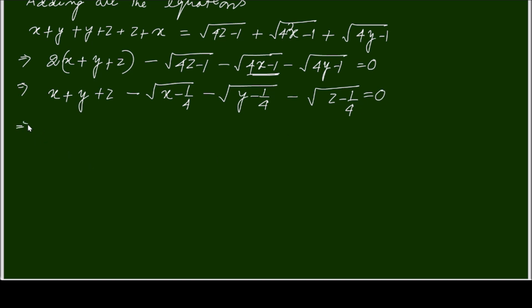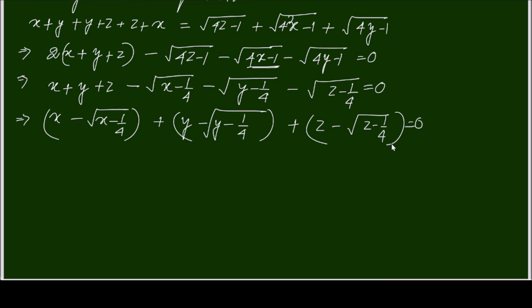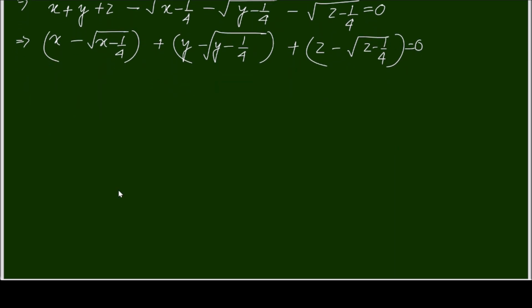In the next line, I'll take the x minus 1 by 4 square root together. Next is y minus 1 by 4 square root together, and z minus 1 by 4 square root together. After grouping them, I'll make each one a whole square.